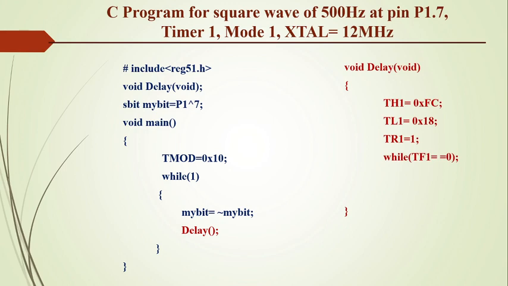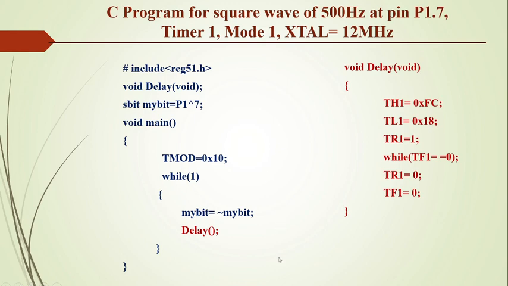As long as TF1 is equal to 0, it remains there. When this condition becomes false, it comes out of the loop, and by making TR1 equal to 0, we stop the timer. Then we clear the TF1 flag for the next round, and it jumps into the while loop again, continuously toggling the bit and generating the square wave.